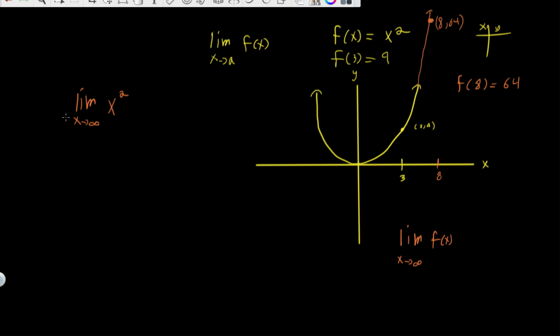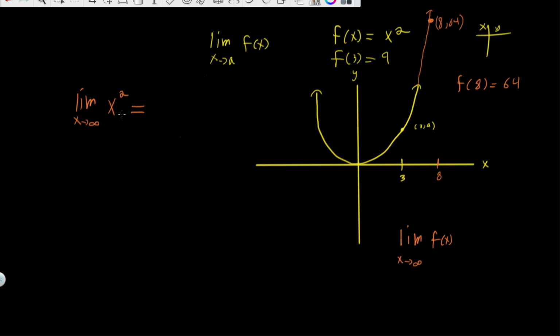Again, this is how you read it if this is the first time you're hearing that. And what this simply means is: what happens to the function, or when one says to the function, they mean to the y value of the function, when x approaches infinity?